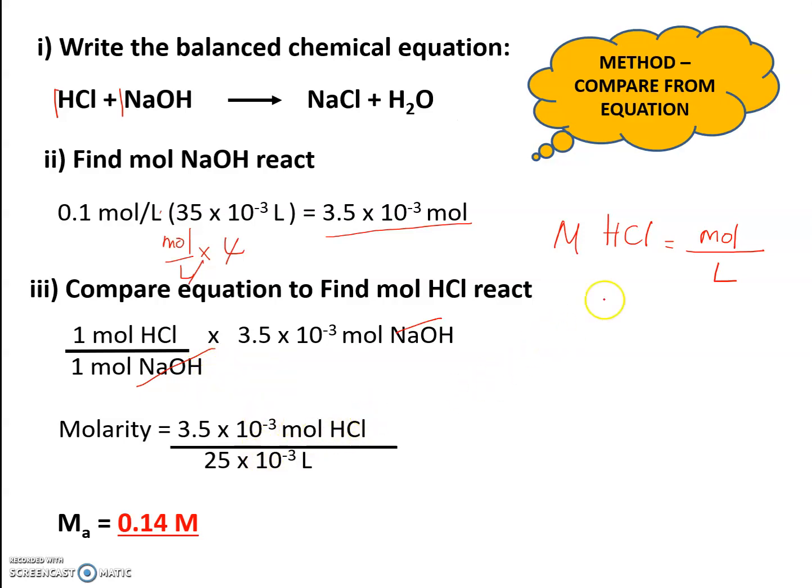Okay, so to find molarity, since we have found the number of moles of HCl, we have to divide by the volume of solution. In the flask, the volume of HCl solution is 25 ml. So to find molarity, don't forget the unit, mole per liter.